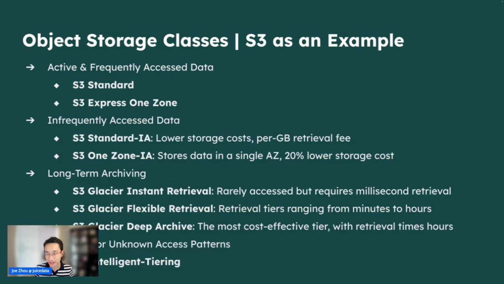And then we have the long-term archiving storage classes. This is a very interesting one. Under this category, we have 3 storage classes: Glacier Instant Retrieval, Glacier Flexible Retrieval, and Glacier Deep Archive, right?